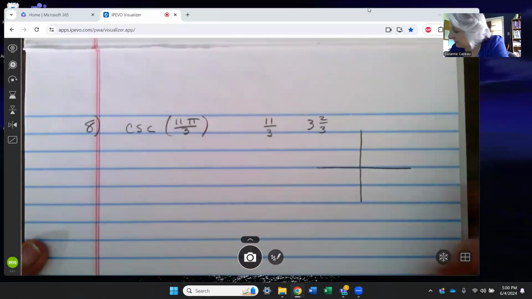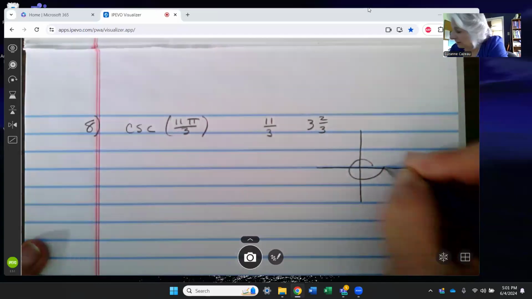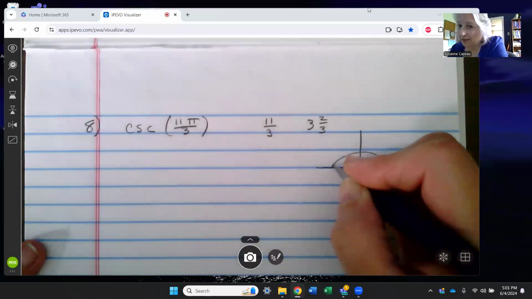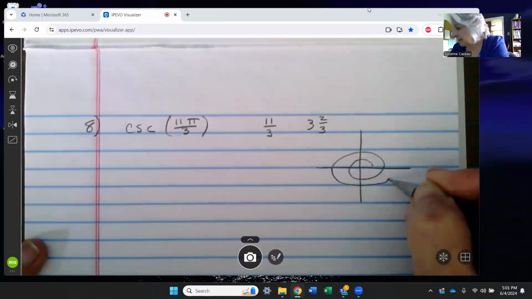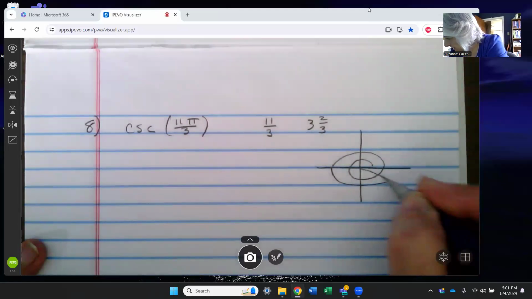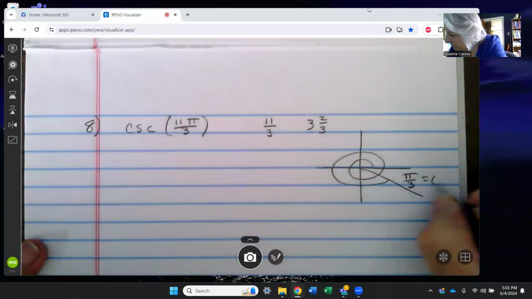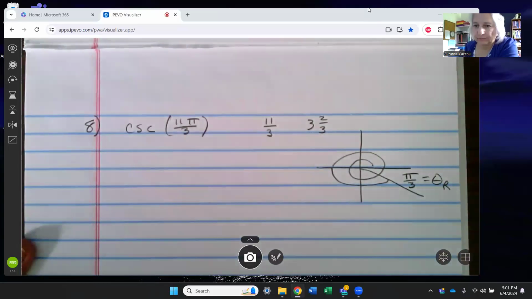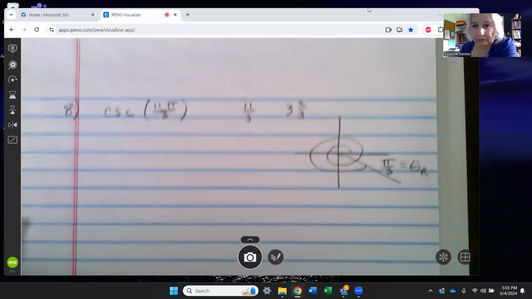And it's positive, so I'm going positive direction. Now this is 2 pi, and then this is 3 pi, and then 2/3 of the way back over is going to land me here, somewhere here, right? And this in here is pi over 3. So this is my reference angle, pi over 3. That just tells me what triangle I'm going to use.